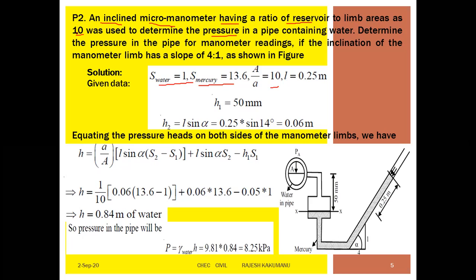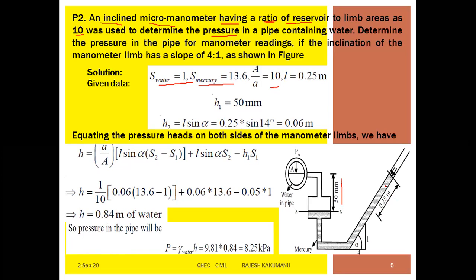The ratio is 10, that is 0.1. Then what is the length here? The length of the slant tube is 0.25 meter. Then what is H1 from the figure? H1 is 50 mm, that is 0.05 meter. Then what is the H2 here?